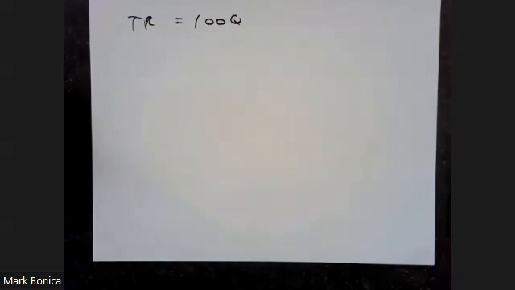You don't really have to do anything. You just say it's 100. Whatever the constant is that's being multiplied times the variable, whatever the coefficient is, that's the marginal revenue. So if you've got a total cost curve that's 20Q, the marginal cost is 20.